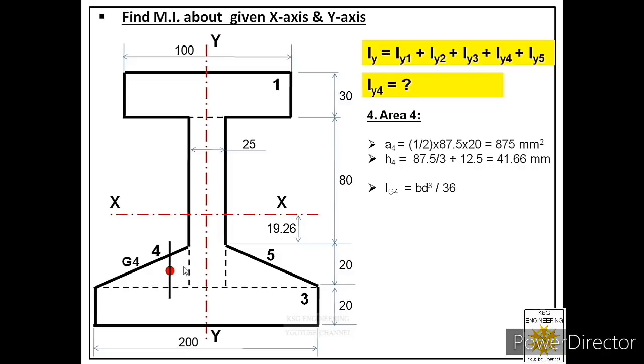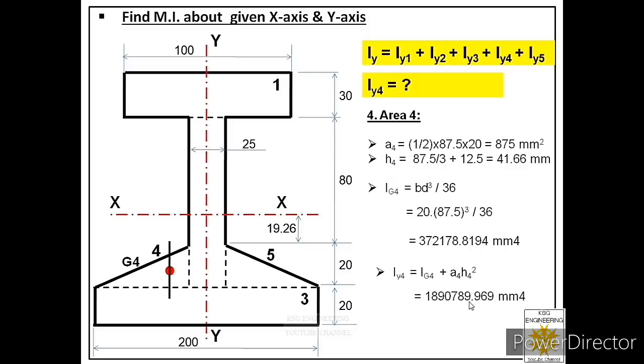B is that side of the triangle which is parallel to the centroidal axis, and the other side will be D. In this case 20 is B and 87.5 is D. So Ig4 is equal to 20 × 87.5 cubed divided by 36. From here we get the value of Ig4. Once we get these values, we can easily find Iy4 by applying the parallel axis theorem, that is Ig4 plus A4 H4 square. Put these values, get the value of Iy4.